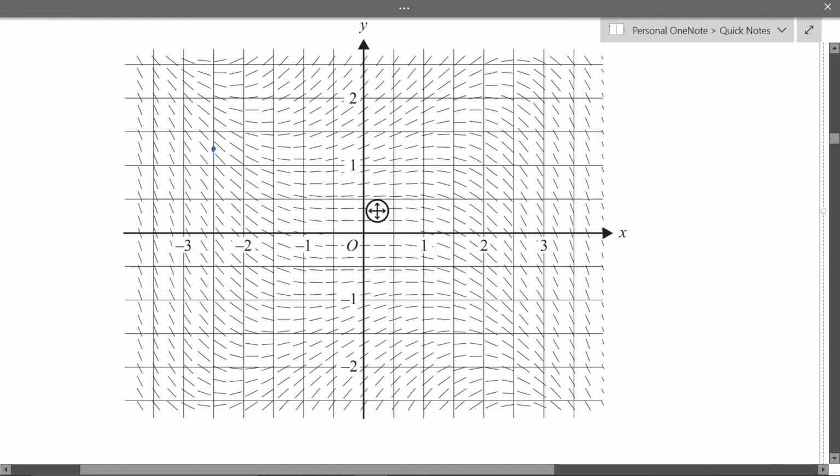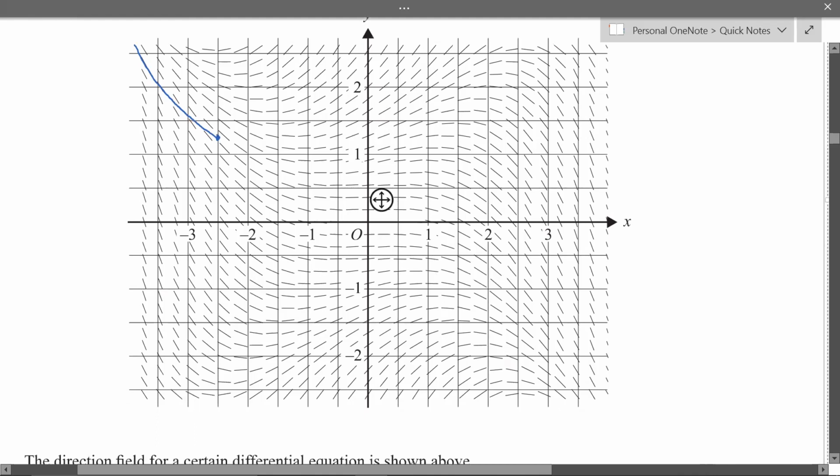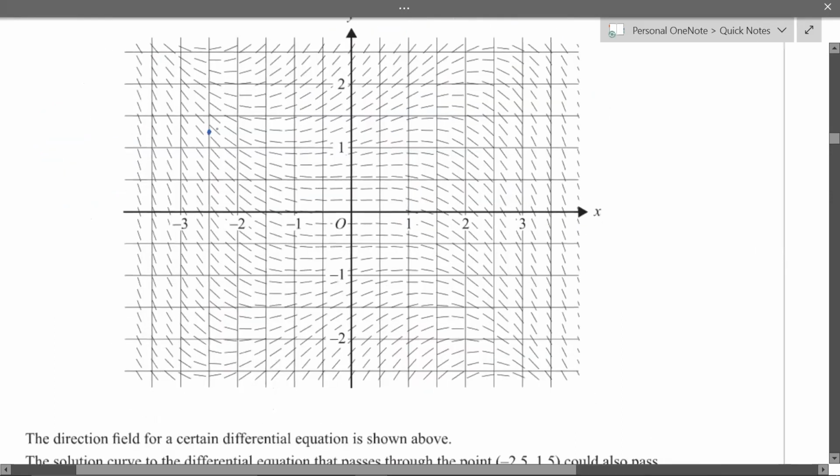So if you follow it up, that's already wrong. So just make sure the gradient's not harsh. You want to follow the gradient. I'm just going to follow it.